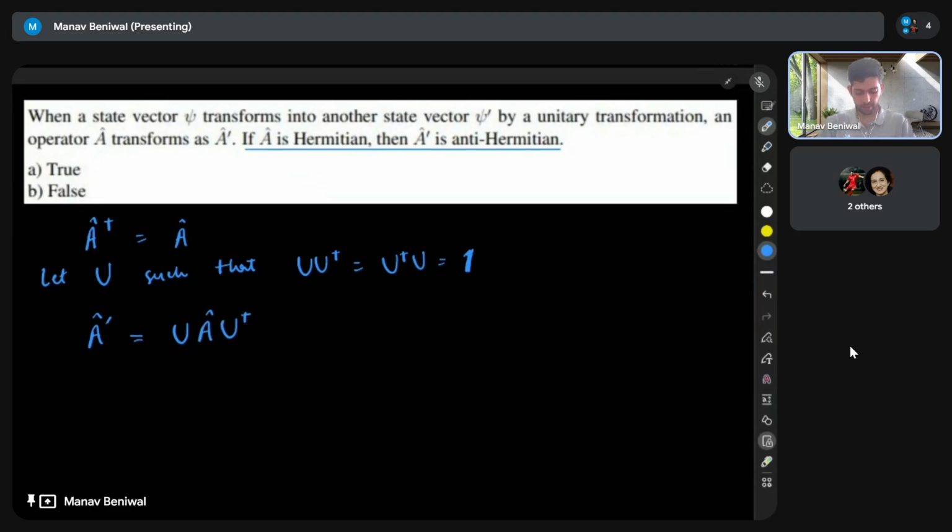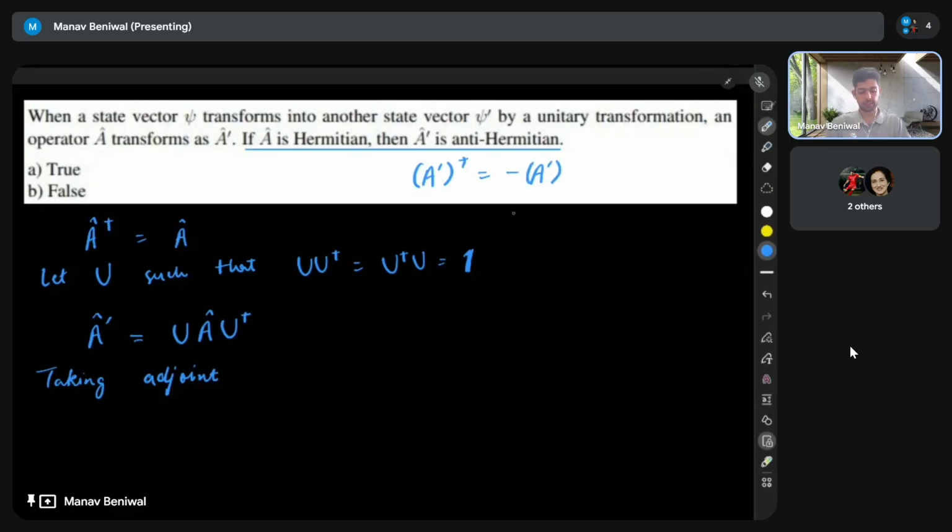Okay, so let's take adjoint. Taking adjoint of this equation. Why adjoint? Because we have to tell whether this A prime is anti-Hermitian or not. For anti-Hermitian, basically we have to find out this quantity and see if this is equal to minus A prime.